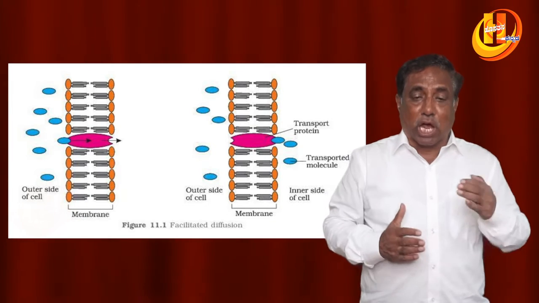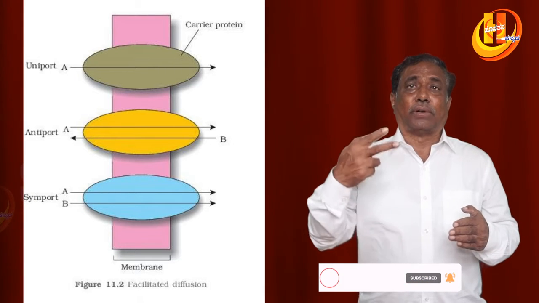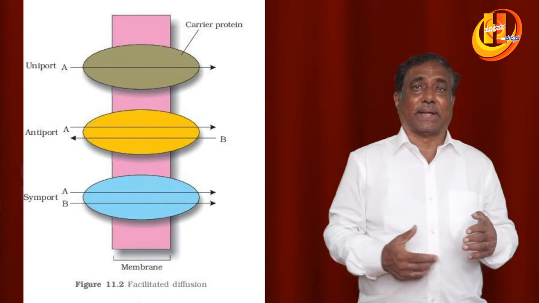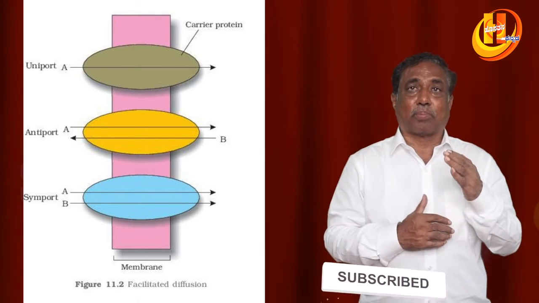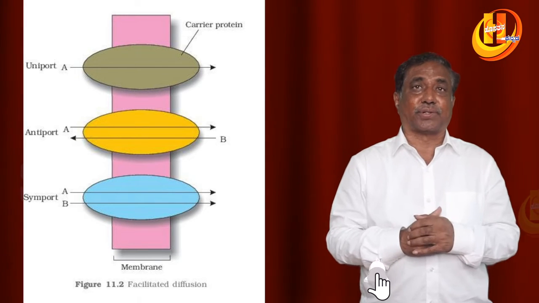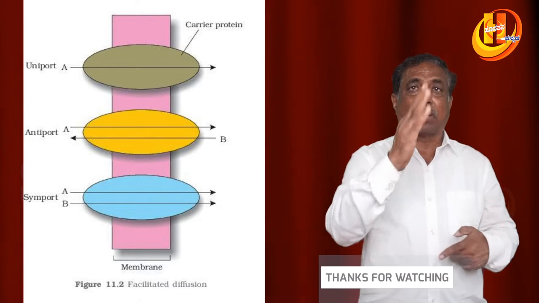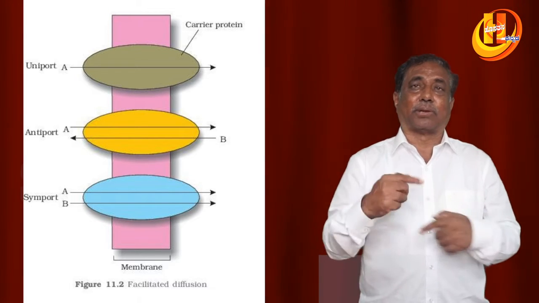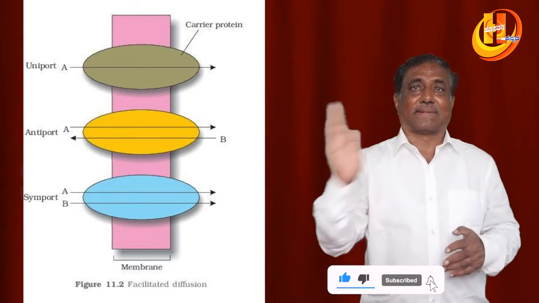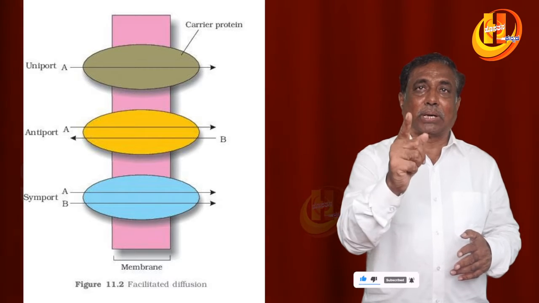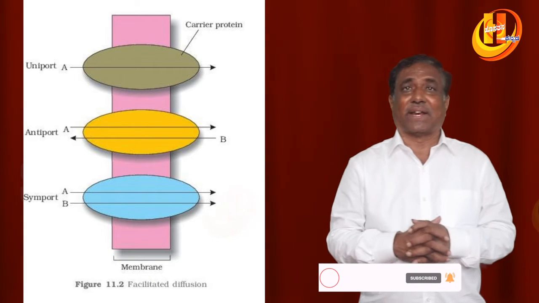Here, these proteins allow diffusion of two molecules in the same direction, called symport, or two molecules in opposite directions, called antiport, and a single molecule in one direction, called uniport. The code word for this is USA: uniport, symport and antiport. That is facilitated diffusion, which doesn't require any energy at all.